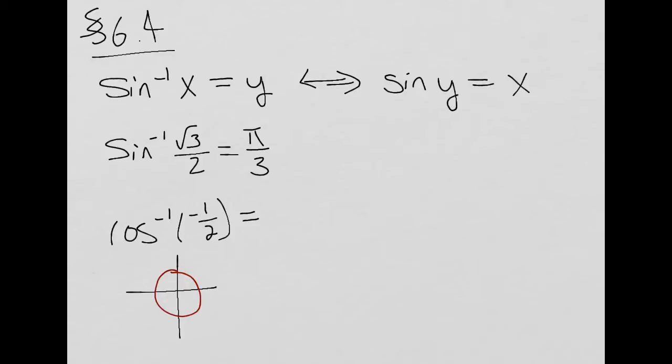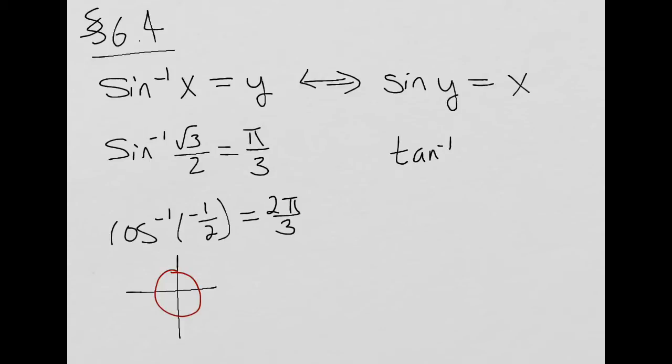So the cosine, remember, is the x-coordinate, so we're over here, or down here. We usually take the first one as we're moving counterclockwise around the unit circle. So if cosine of pi over 3 is positive 1/2, cosine of 2 pi over 3 over in this quadrant is going to be negative 1/2. So the inverse cosine of negative 1/2 is 2 pi over 3.